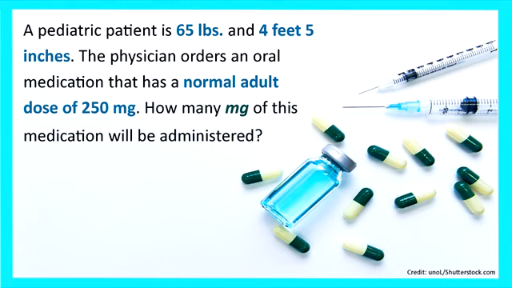But in order to use that formula, we have to figure out the child's body surface area. So what do we need to figure out body surface area? We need the height and the weight. So we know that our patient's 65 pounds and they're 4 feet 5 inches. That's very important. And that allows us to know that we're going to use that household formula to calculate that body surface area.